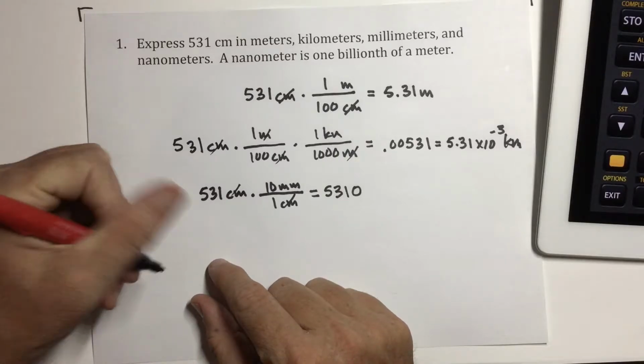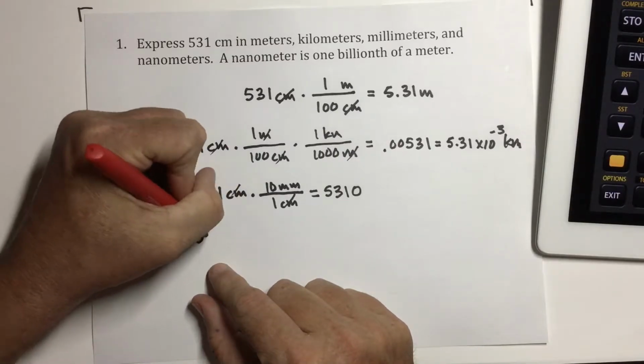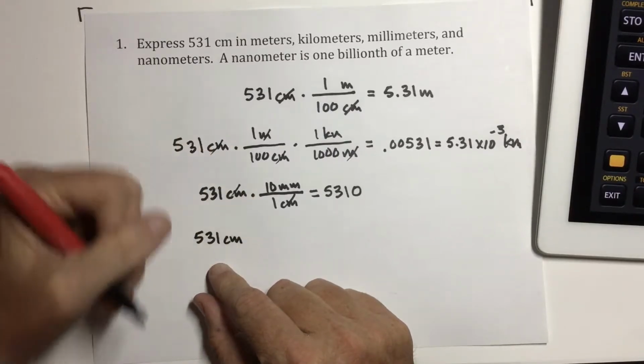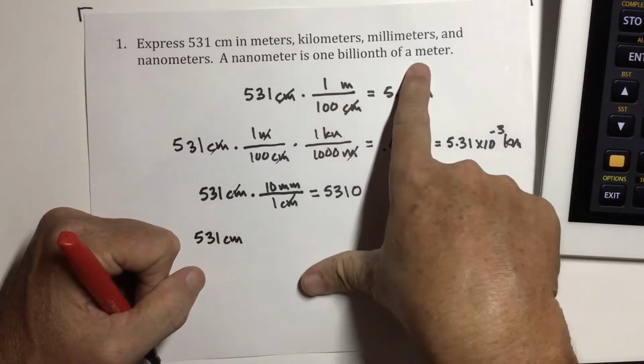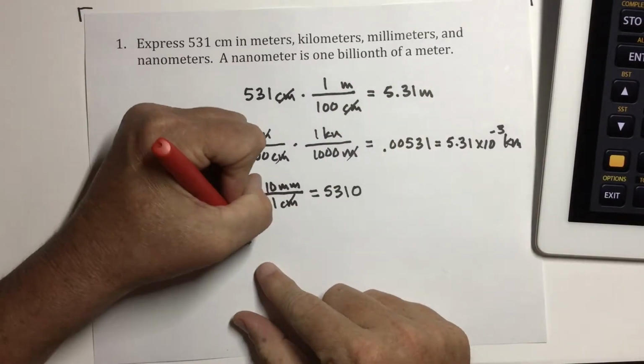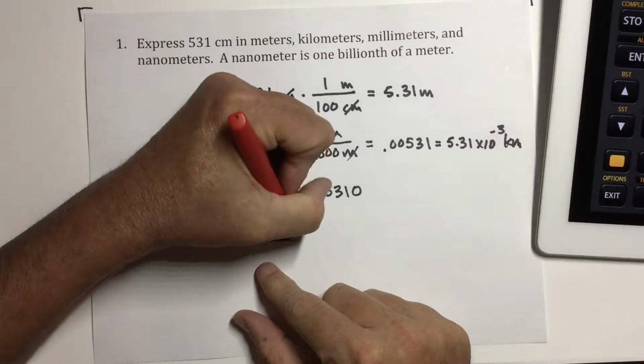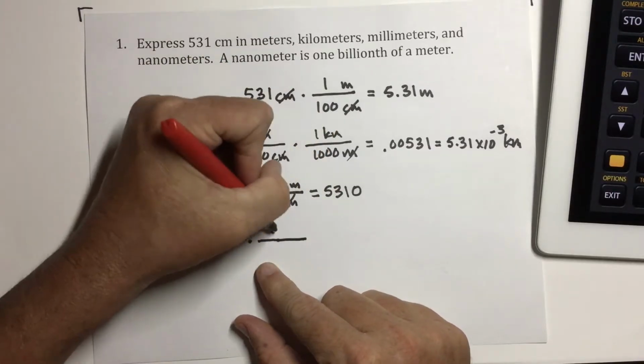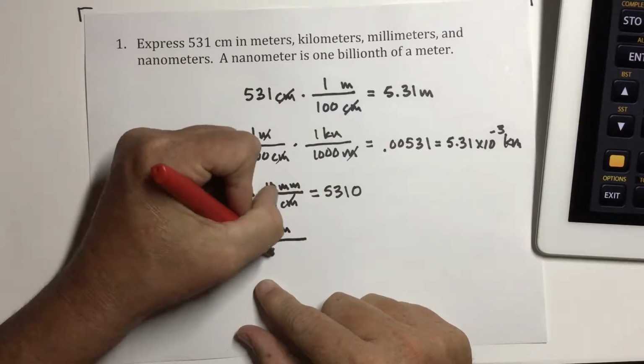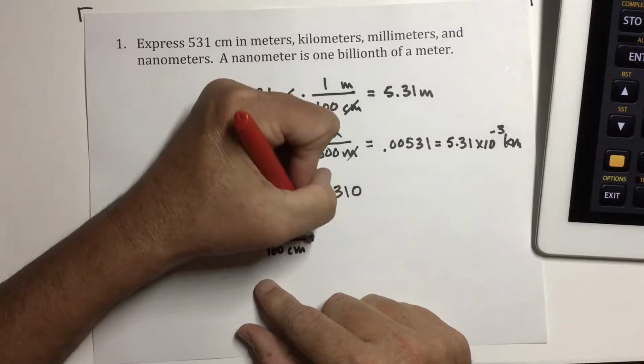Let's see, millimeters and nanometers. All right. 531 centimeters. A nanometer is 1/1000th of a meter. All right, well, I'm just going to go to meters first then. So let's do 1 meter over 100 centimeters.